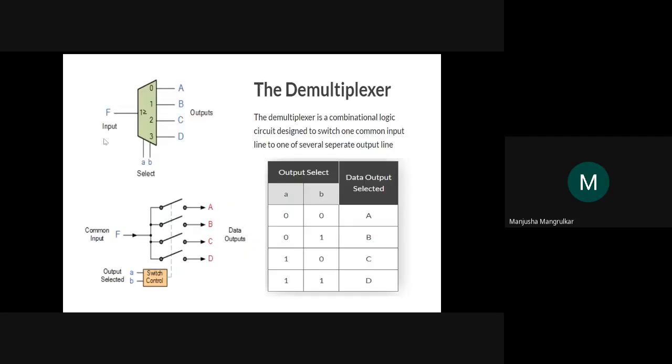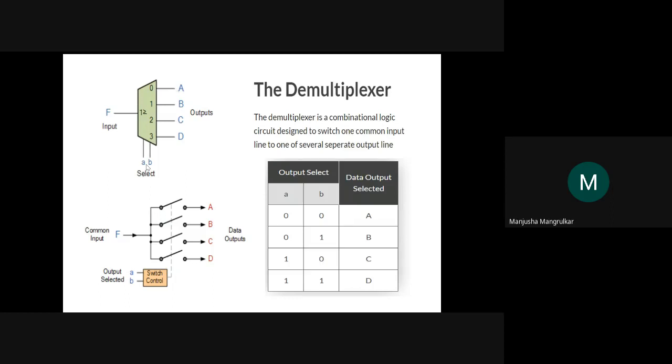We'll see that. Suppose this is the demux of 1 is to 4. One input F and A, B, C, D are the outputs. Suppose this selector is 0 0, so whatever data is on F will transfer to the A line, right?